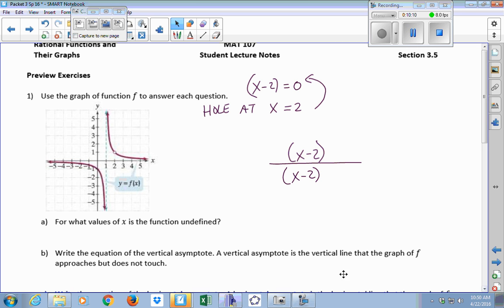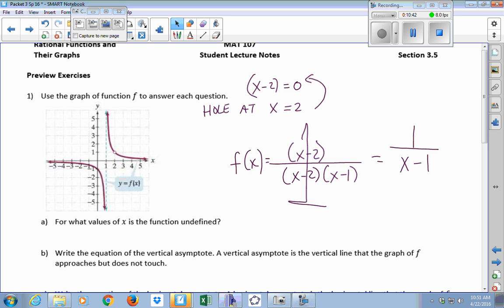What other value makes the denominator 0? That's where your vertical asymptote comes in at 1. So that means you have another factor in the denominator. So this is one possible equation for f. See, that's a possible equation for this function. If I gave you something like this, you'd say, ooh, I have a common factor top and bottom, so I can reduce this to become 1 over x minus 1.